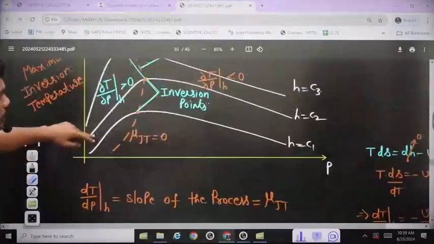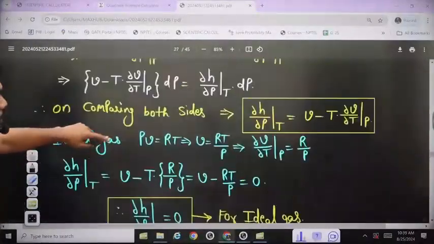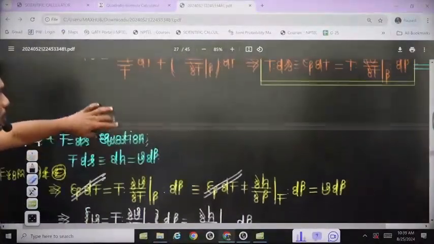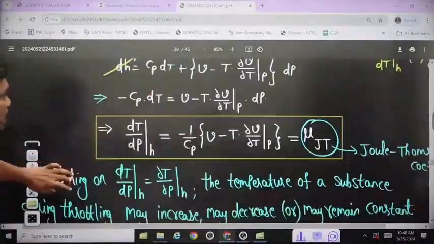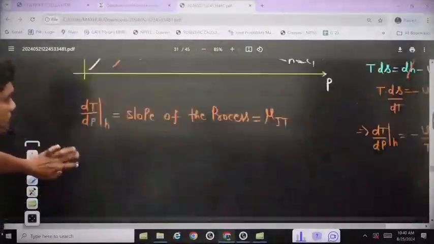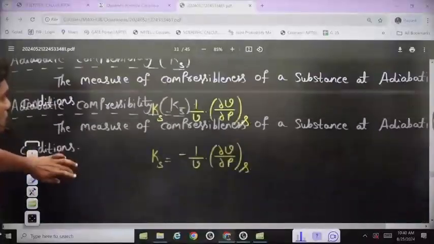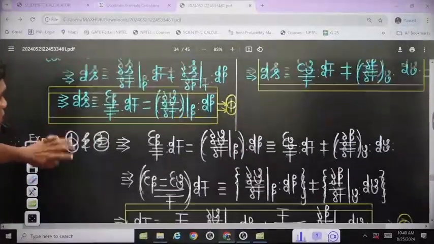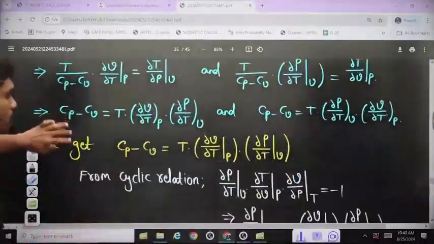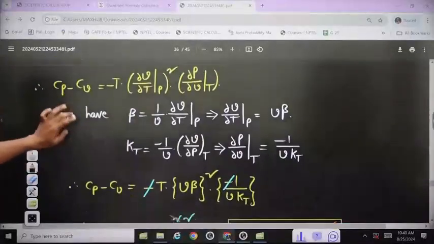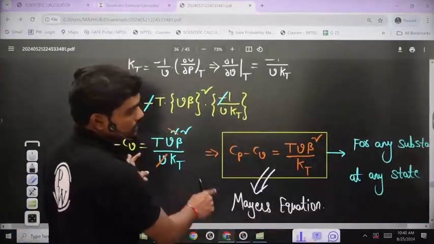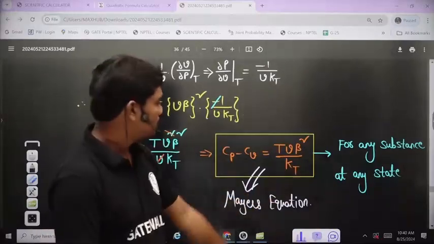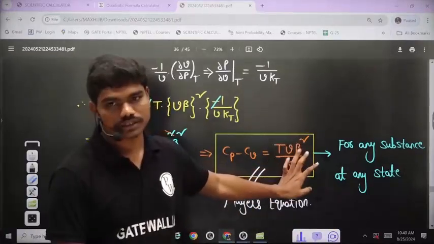So this is basically the change in enthalpy calculation for any substance. You know why enthalpy of ideal gas depends only on temperature, all these things. This is Mayer's equation, basically TV beta square by KT. This is the Mayer's equation, and this is for any substance at any state, and for ideal gas this becomes characteristic gas constant. That's it, okay?